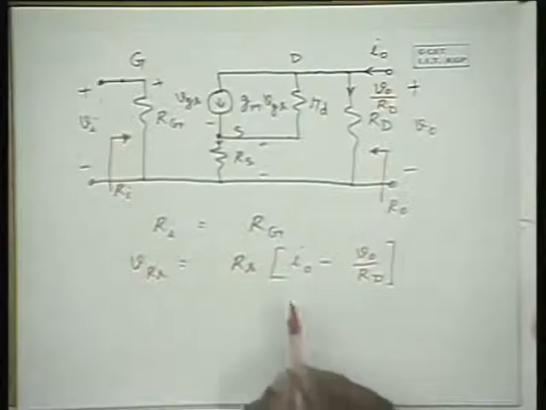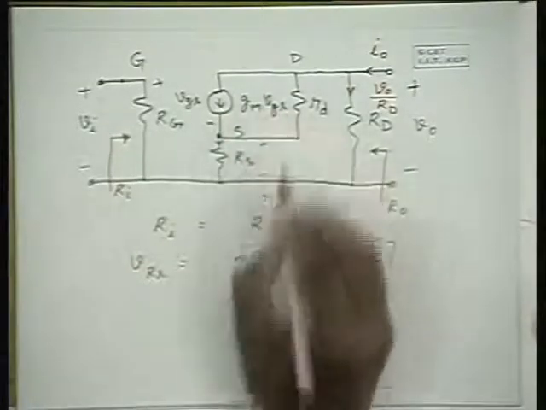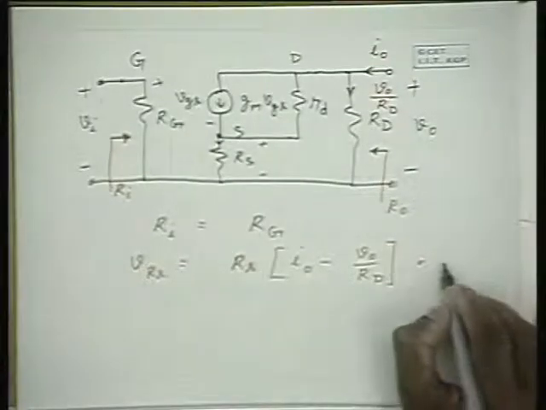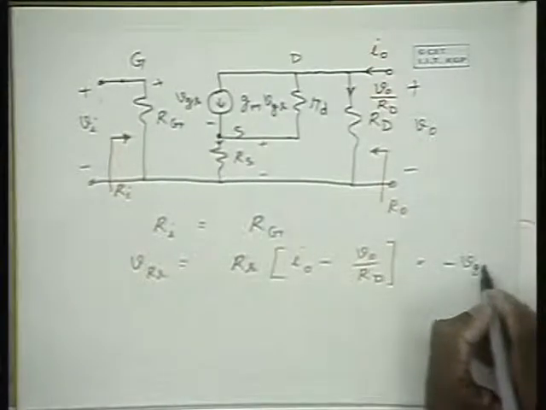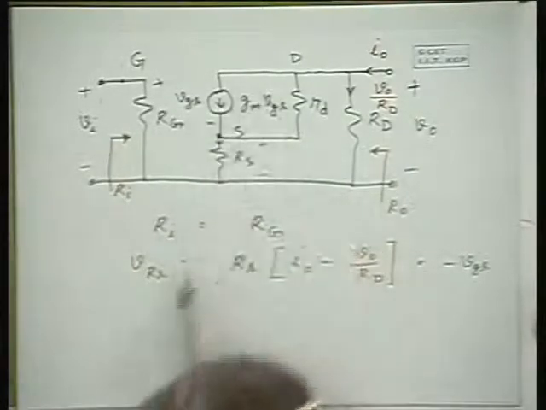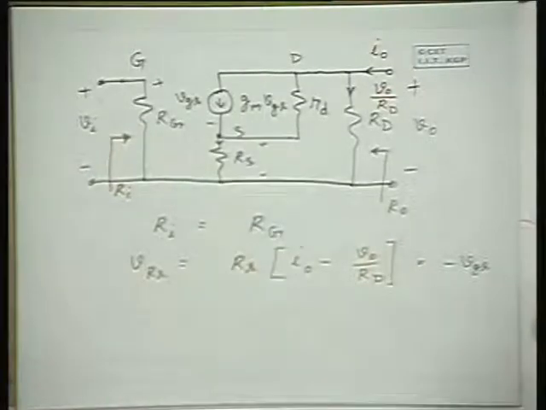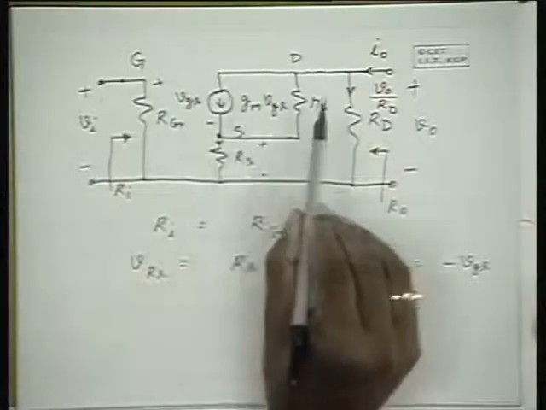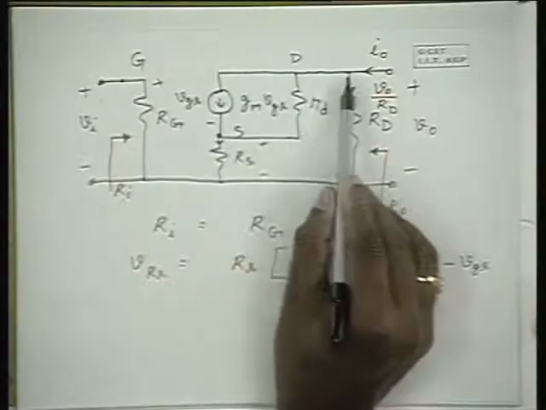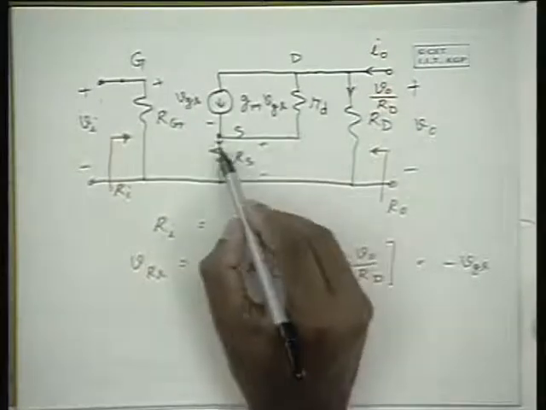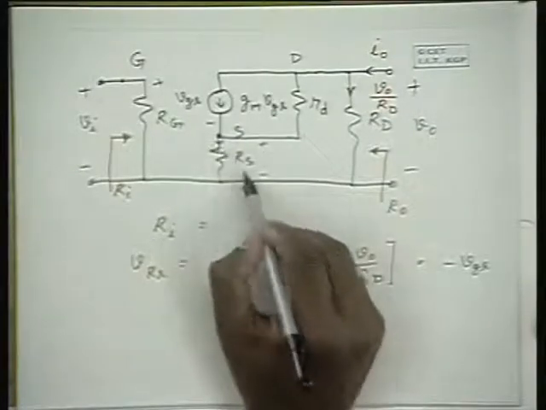With this equal to VRS, and VRS being equal to minus VGS, substitute for VGS here from this equation, and once you substitute here, you can find out how much current flows through rd, and then you will get another equation for the current flowing through RS.